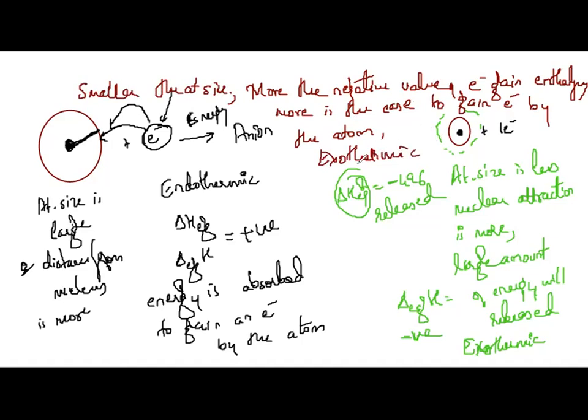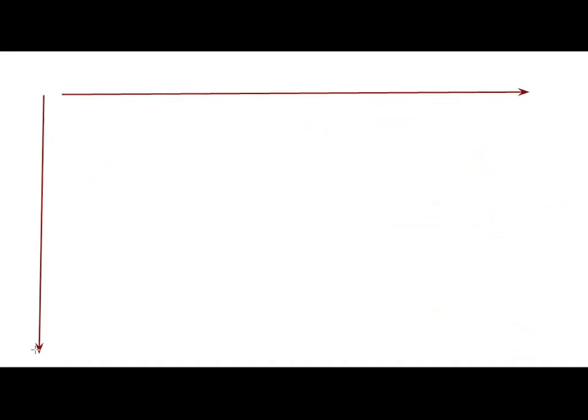Yes. Now with so much explanation, can you explain to me how electron gain enthalpy varies when you move across the period, and when I move down the group? Does it depend upon the atomic size? Yes, it obviously depends upon the atomic size.